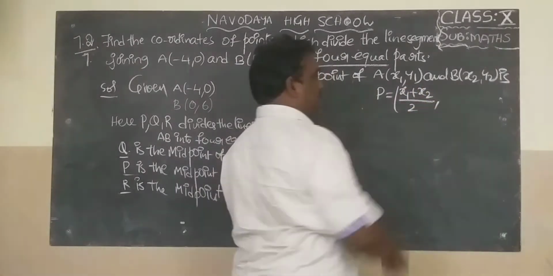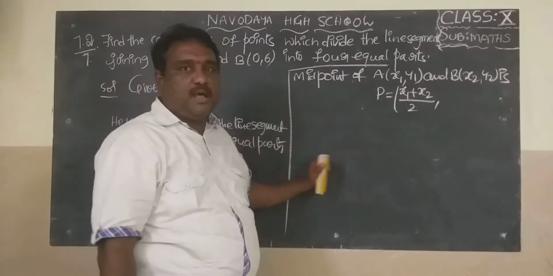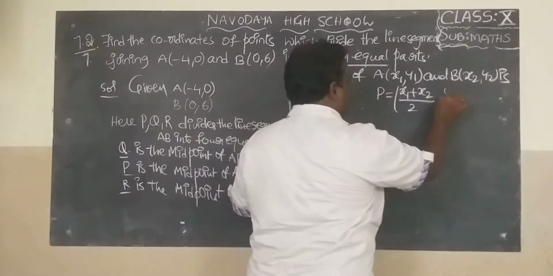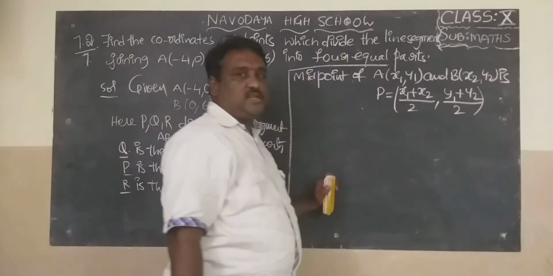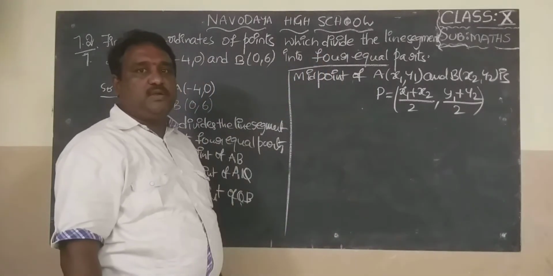You know the formula for midpoint: x1 plus x2 by 2 comma y1 plus y2 by 2.